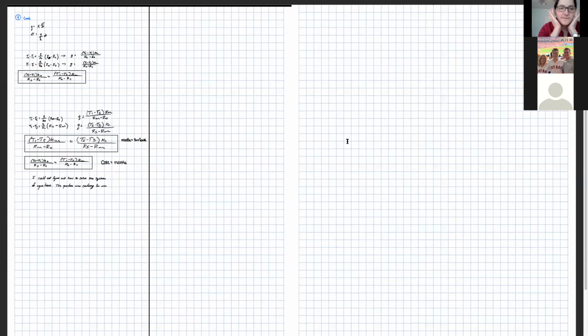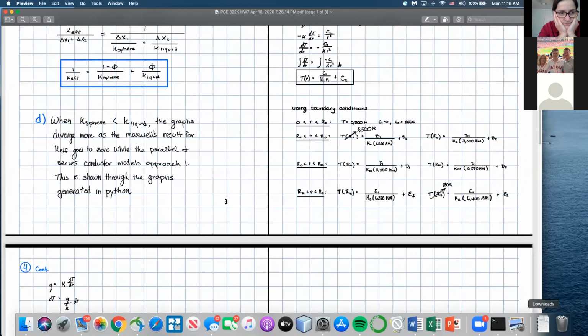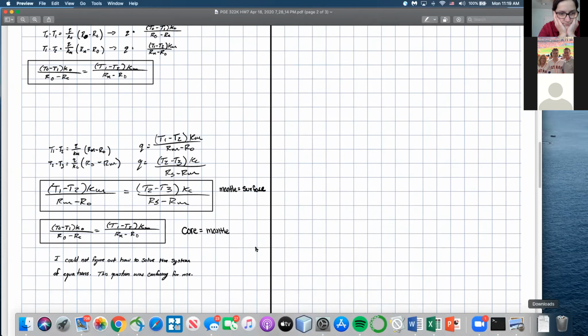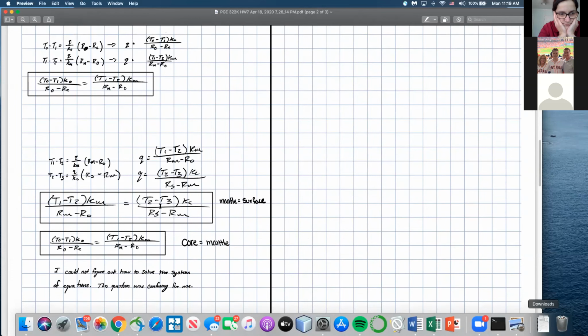And then I tried to apply the boundary conditions, and this is where I got confused. So I went down here and set the boundaries equal to each other. So the core is equal to the mantle, and the mantle is equal to the surface. Correct? And then I wasn't sure where to go from here.